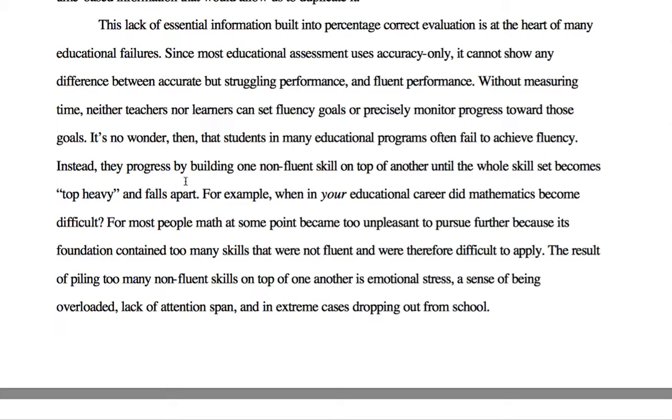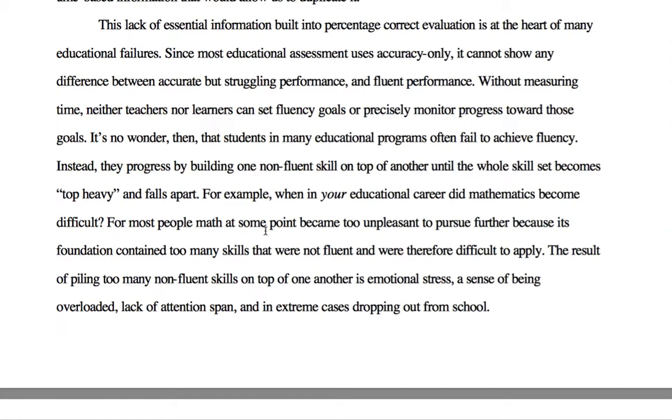Instead, they progress by building one non-fluent skill on top of another until the whole skill set becomes top-heavy and falls apart. For example, when in your educational career did mathematics become difficult?